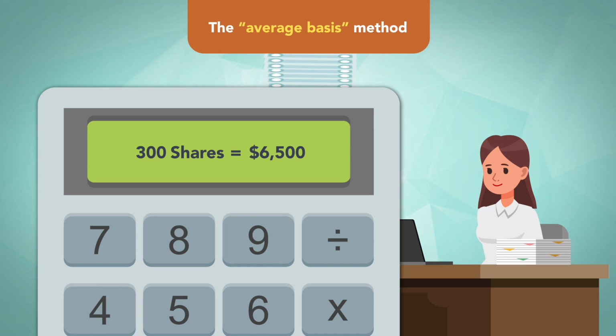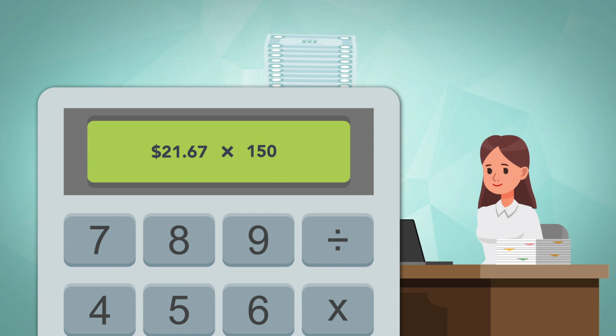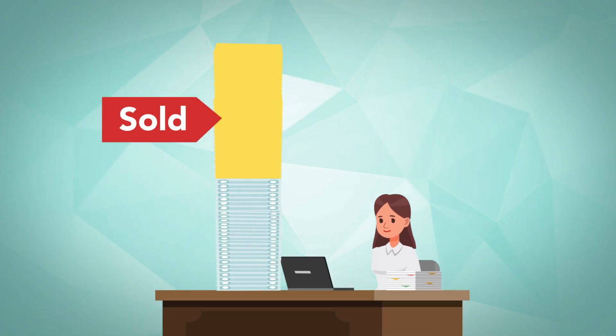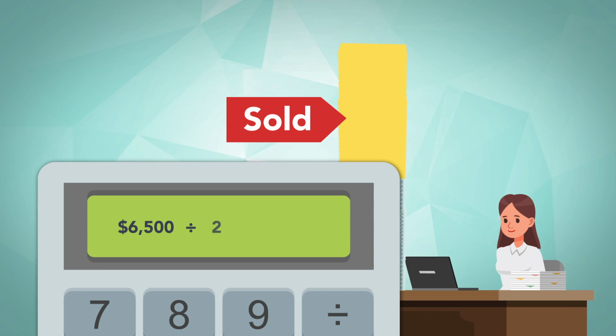She would then divide the total purchase price by the total number of shares, or $6,500 divided by 300. The average basis is $21.67 per share. She would then multiply the average basis amount by 150. In this case, the basis of the 150 shares sold is $3,250. A simple way to think about this would be to recognize that she sold half her shares, and so her cost basis is half the total cost basis for all of her shares.